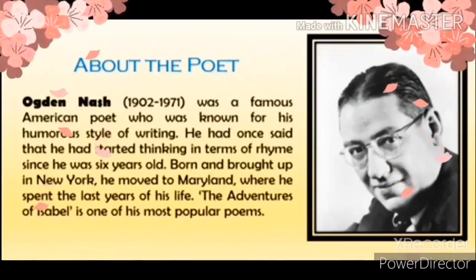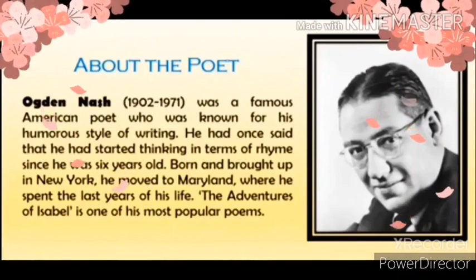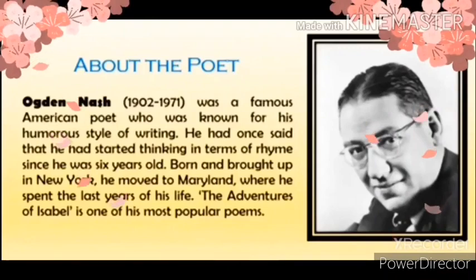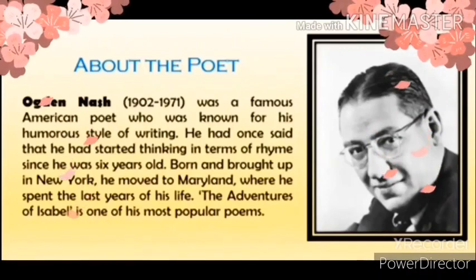Where did he spend the last years of his life? In Maryland. He has written many popular poems, but The Adventures of Isabel is one of his most popular poems. Students, next we read the poem.